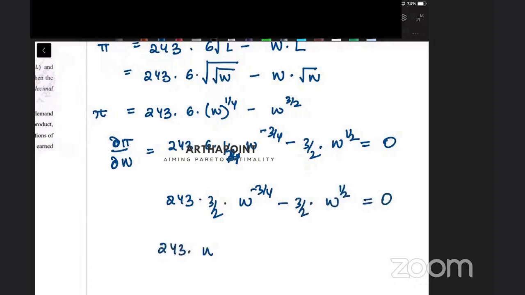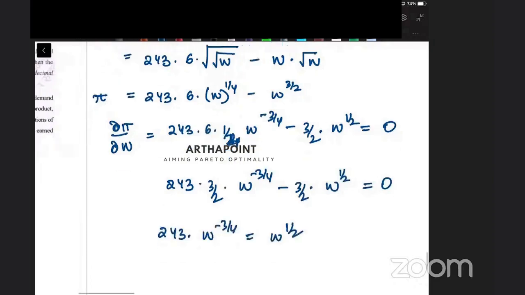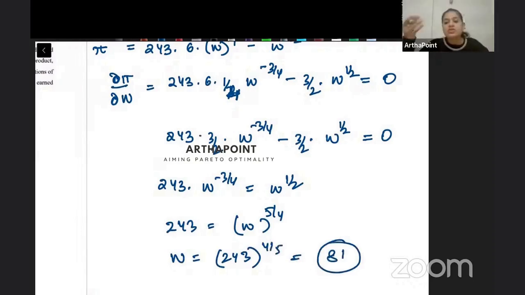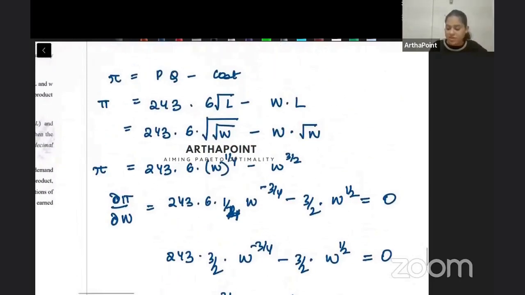So 243 W to the power minus 3 by 4 is equal to W to the power half. So 243 is equal to W to the power 5 by 4. So W is equal to 243 to the power 4 by 5, which means 81, because this is 3 to the power 5. So this will give you 81 as the answer. So simple question. Everywhere just replace L with W and get the answer.